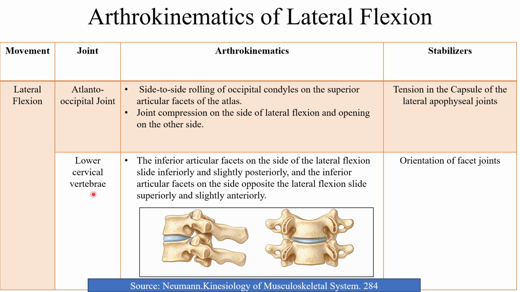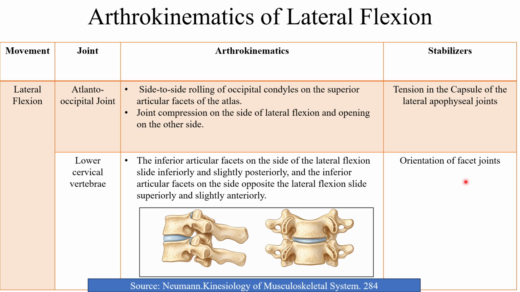Likewise, in the lower cervical vertebrae, if I'm doing right lateral flexion, then the inferior articular facets on the right side will slide inferiorly and posteriorly, whereas the inferior articular facets on the left side will slide superiorly and anteriorly on the superior articular facets of the next, or lower, cervical vertebrae.